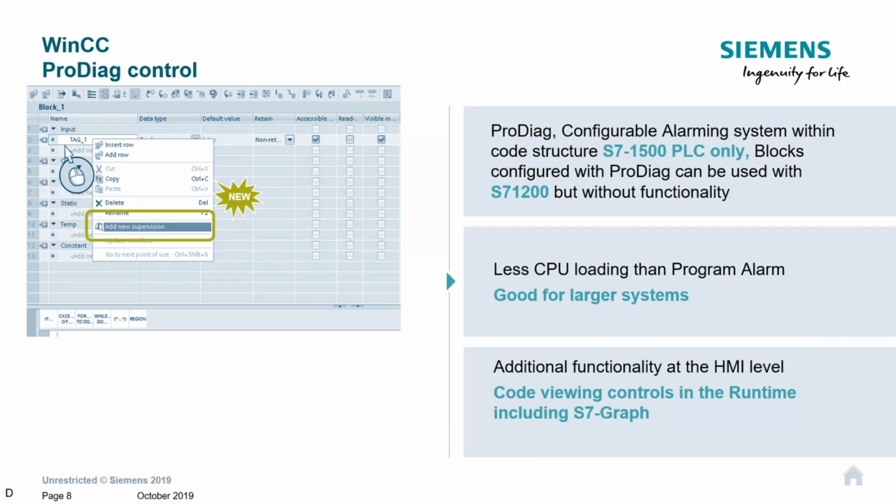With ProDiag, what it actually does is automatically generate an OB that's running in the background for you and calls all of the alarming features at a slightly slower rate, which then means that we have less loading on the system, and it means that we can deploy even more alarms, which is really great for bigger systems.